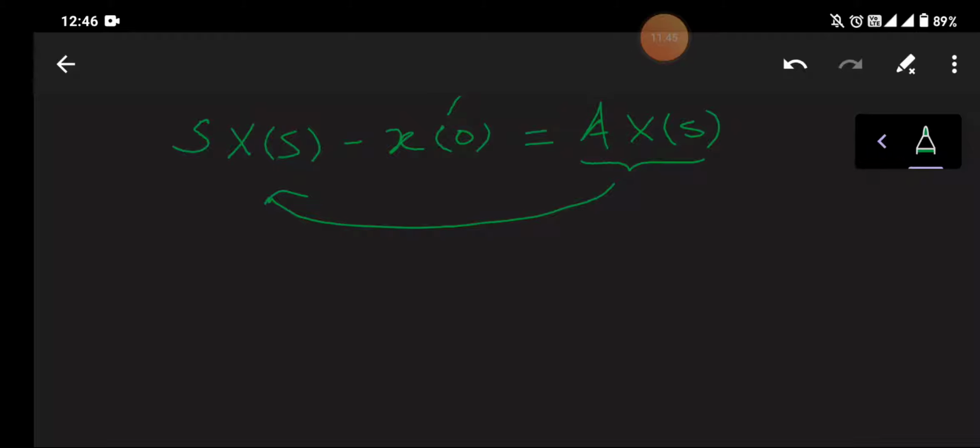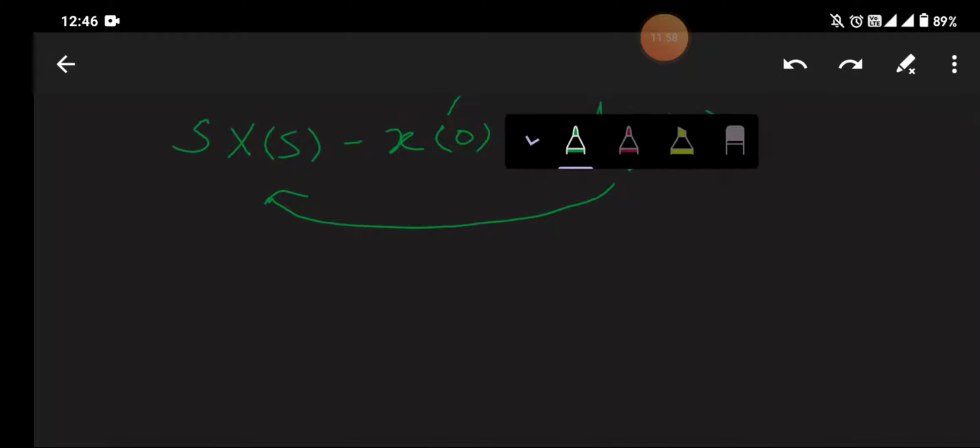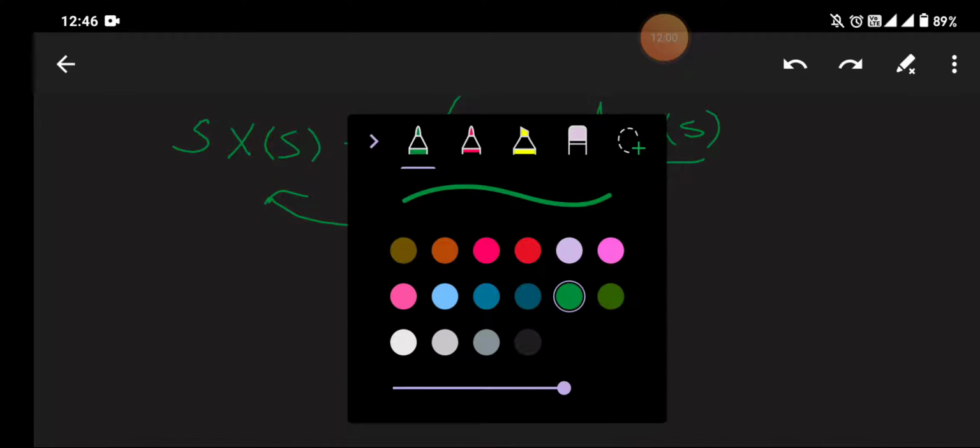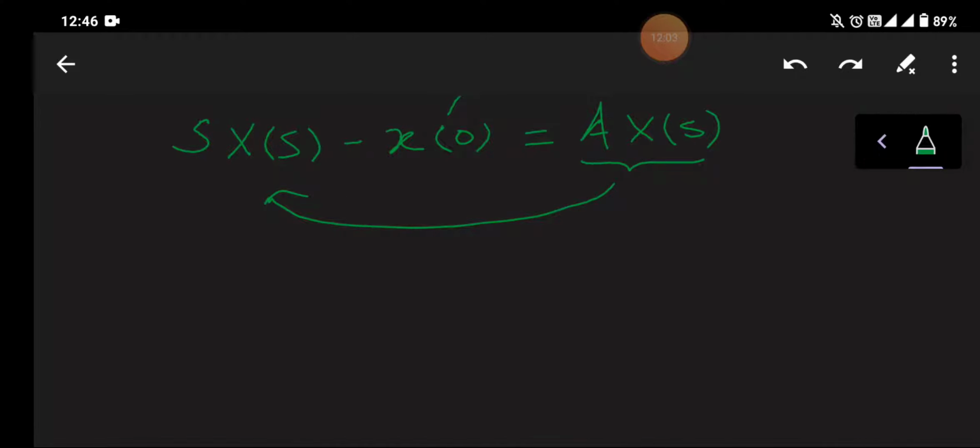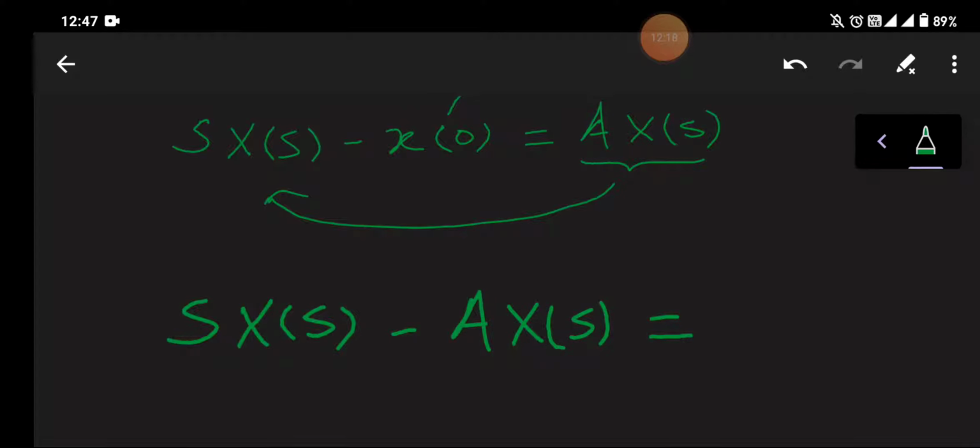So here we have s x s, this is capital X s, minus a x s, this is also capital X s, is equal to x of 0.